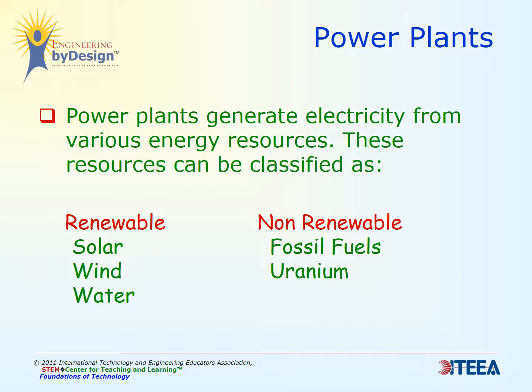Power plants generate electricity from various energy resources. These resources can be classified as, please remember, renewable energy resources: solar, wind, and water. Your renewable energy sources again: solar, wind, and water.